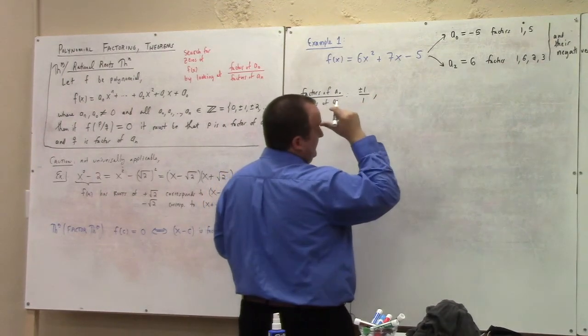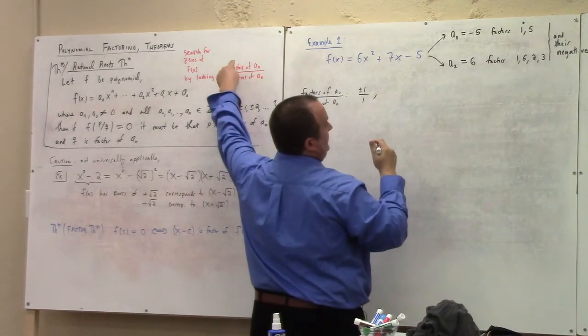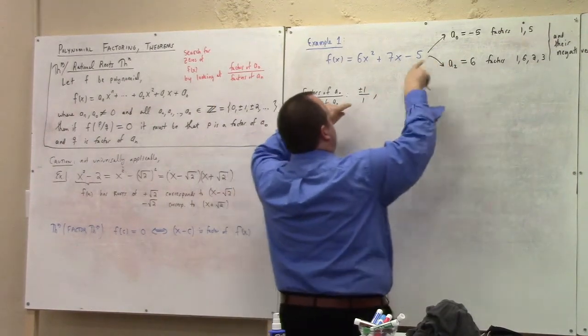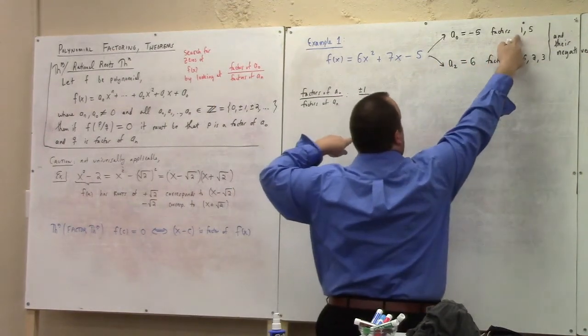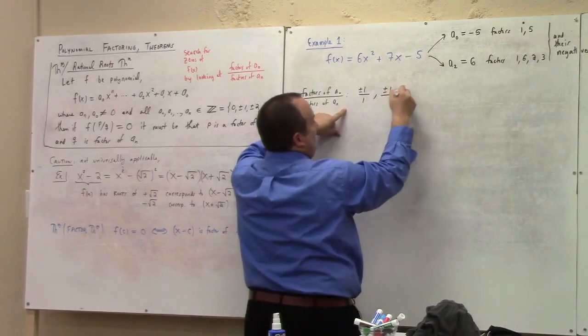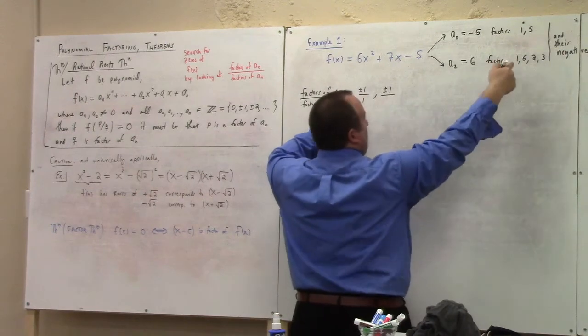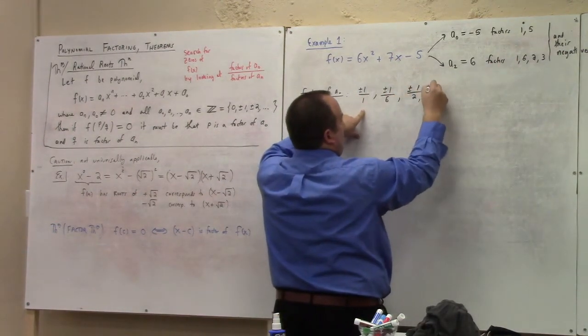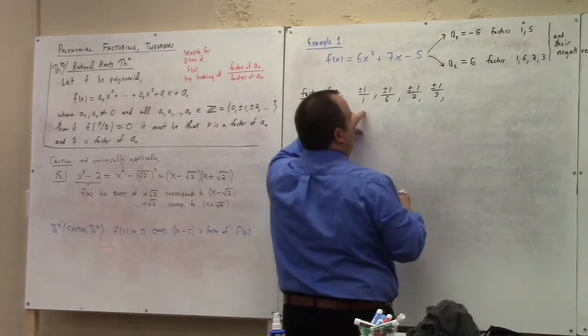Let's stick with the numerator factor of plus or minus 1. And we can either divide by what? By 1, by 6, by 2, or by 3.